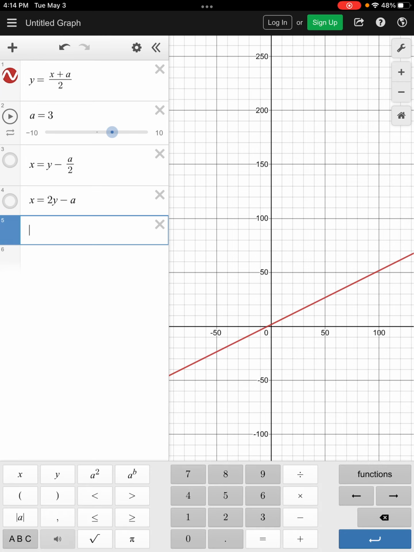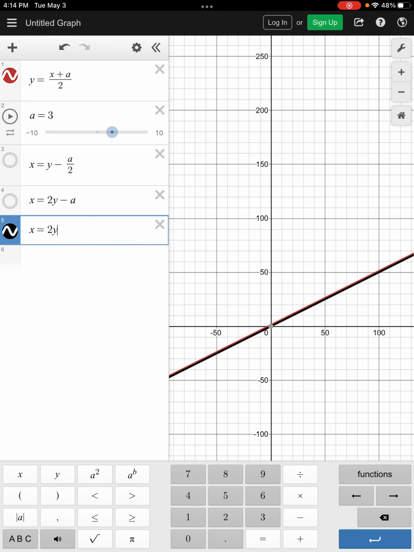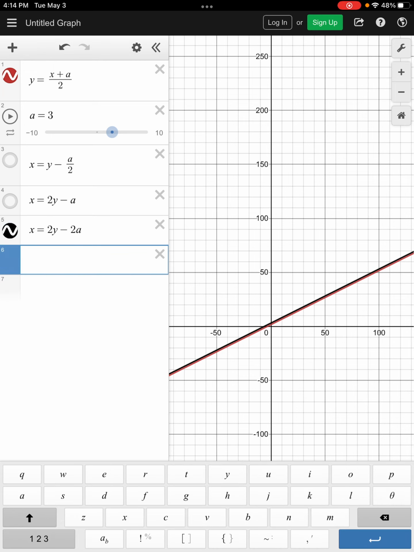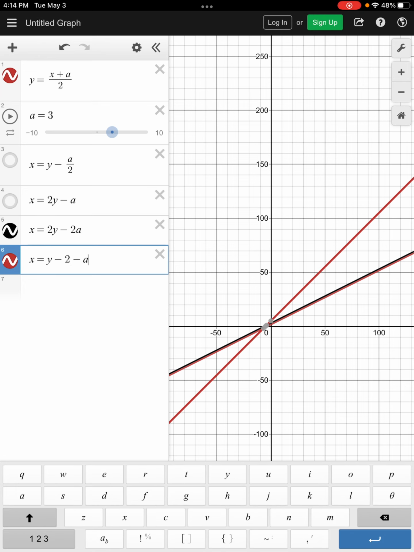So I have X equals, my goodness, it's a long day. I don't have them written on my paper the way you guys have them written. 2Y minus 2A, and X equals Y minus 2 minus A. Sorry, let me see what we got here.